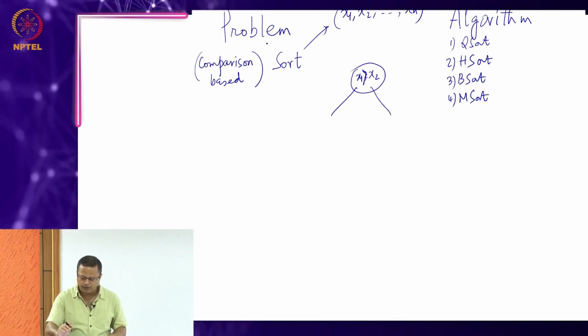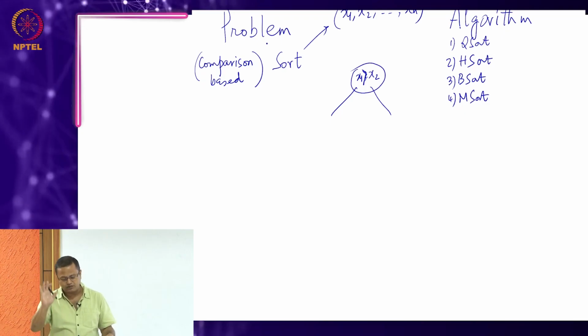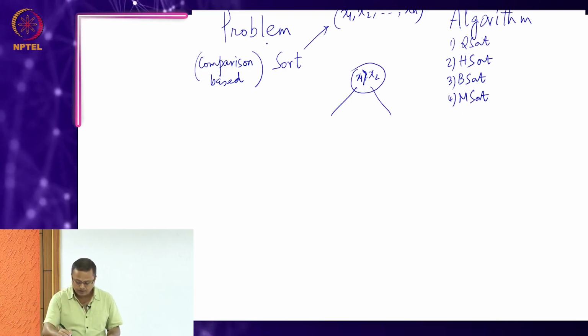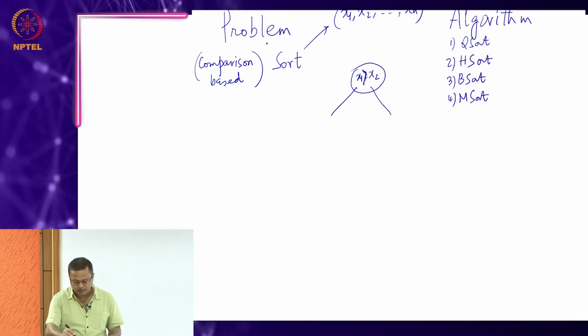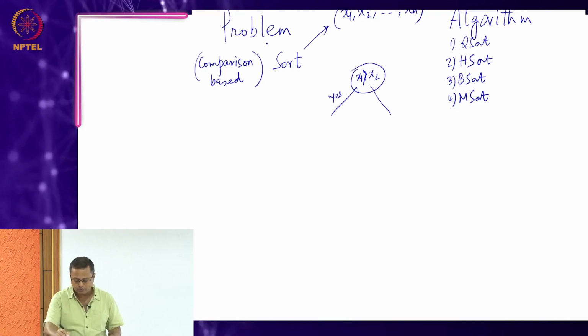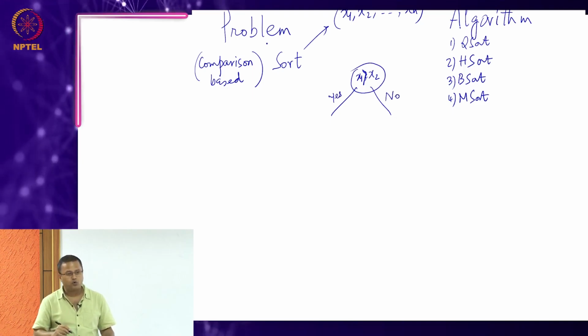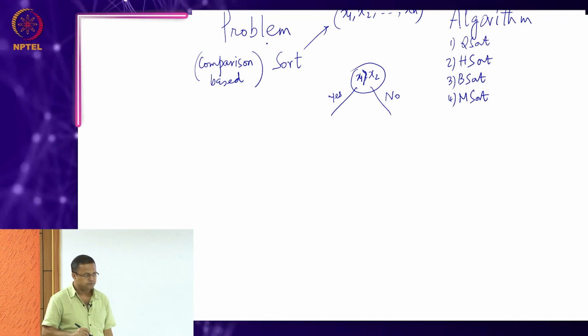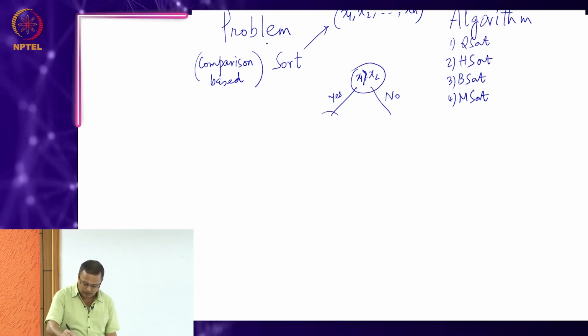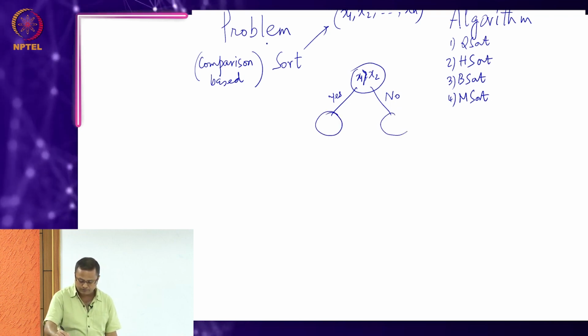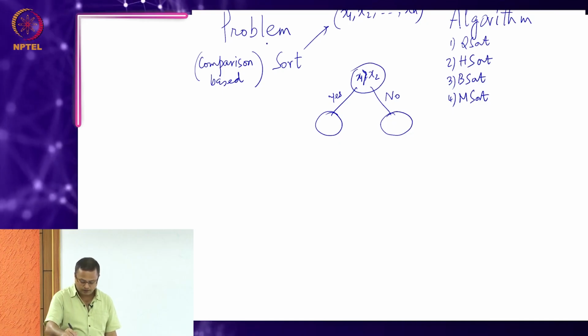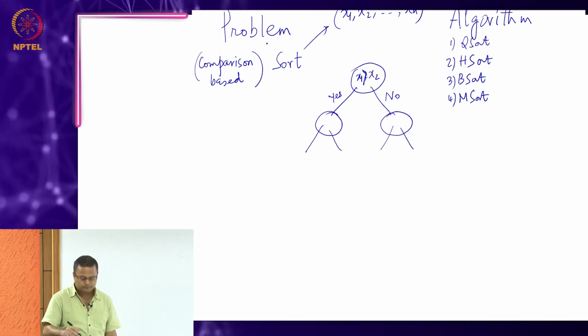To make our life simpler, let us think of these numbers to be distinct. So, I first check whether x1 is greater than x2. If yes, I do something, if no, I do something. Again at a stage I compare two numbers, and I keep doing that.